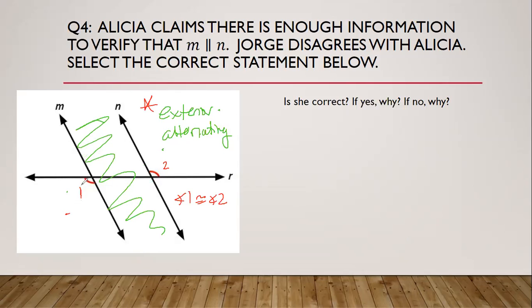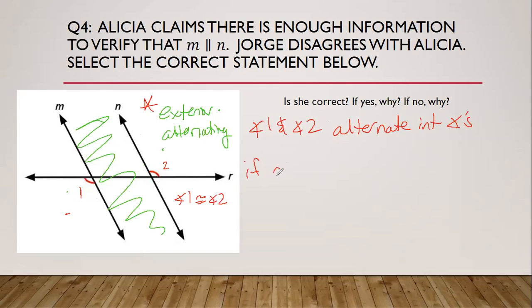They are on alternating sides of the transversal, which means they're alternating. So angle 1 and angle 2 must be alternate interior angles, right? So if I have alternate interior angles that are congruent to each other, as given here, then I can say that my lines M and N are parallel.